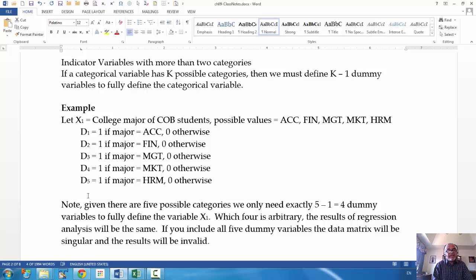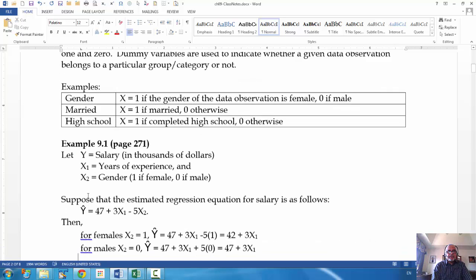So you need exactly k minus 1 dummy variables if the categorical variable has k possible values. So what you're going to do now is take this categorical variable out, and in its place you put k minus 1 dummy variables. That is how you will redefine the data set before you run the regression analysis.